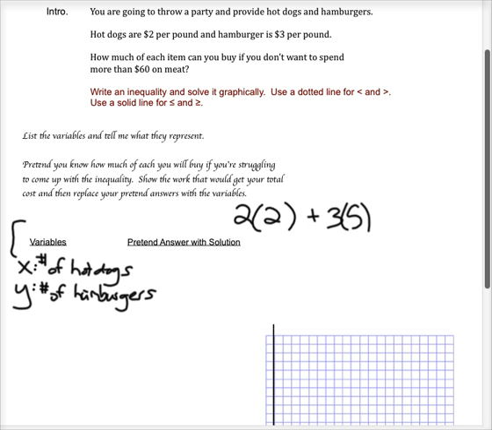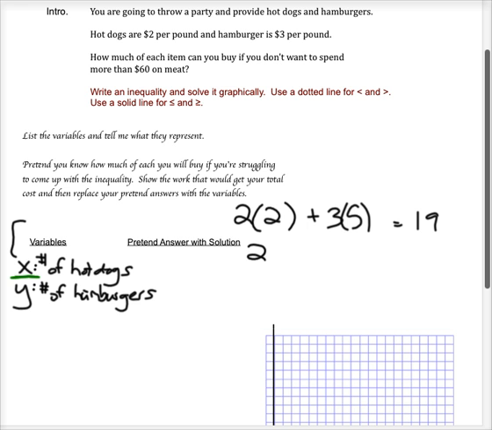All right. So now that's what this would look like if I were buying precisely that many. Well, now I need to figure out where do my variables belong. So x is representing my number of hot dogs. So what did I do? Well, I'm paying $2 per hot dog.